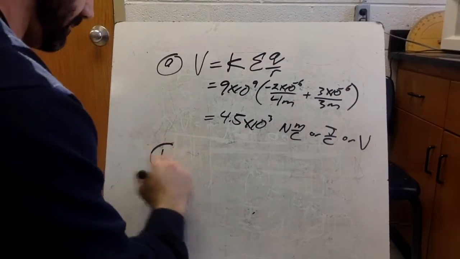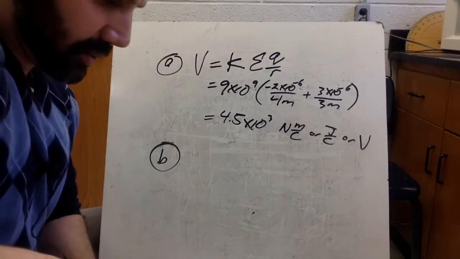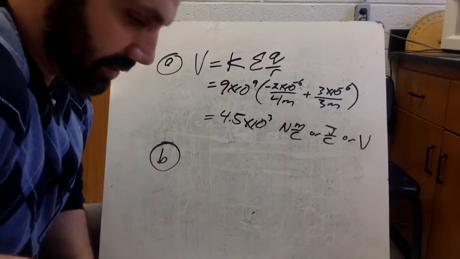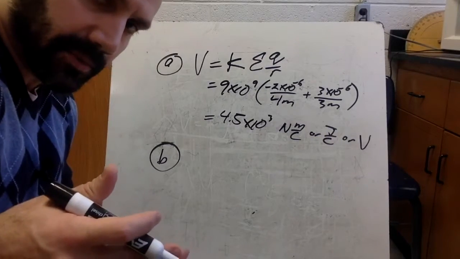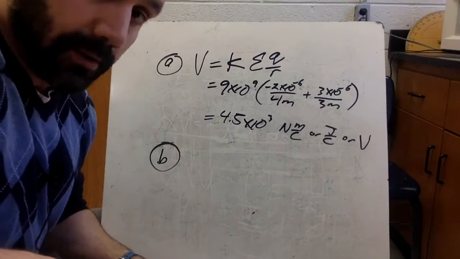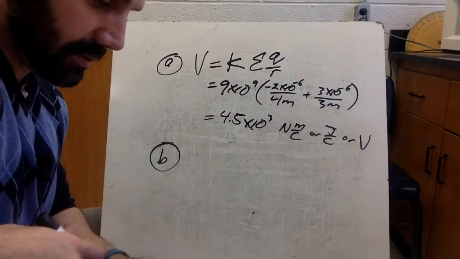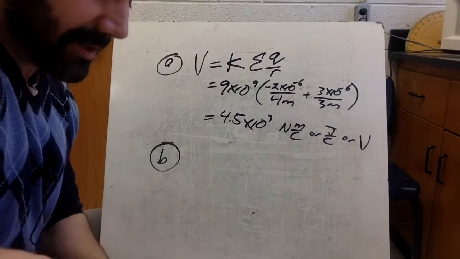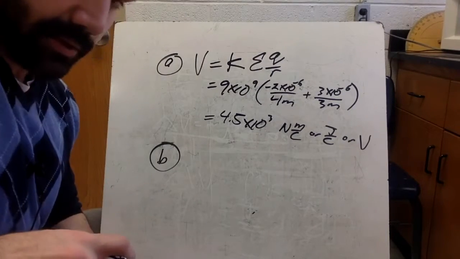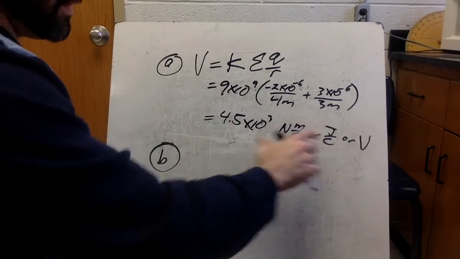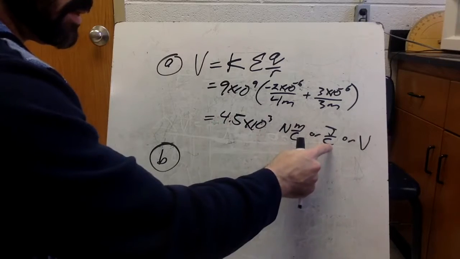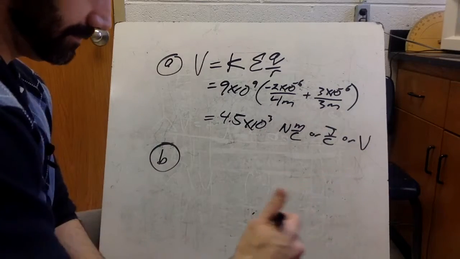Part B is asking, what is the work required to add another point charge there? Let's think about this from the unit perspective for a second. I want work. Work is in what unit? Joules. No matter what class, E&M or mechanics, work is always in joules. Well, this is joules per coulomb, so if I multiply this number by something with coulombs, I get joules.